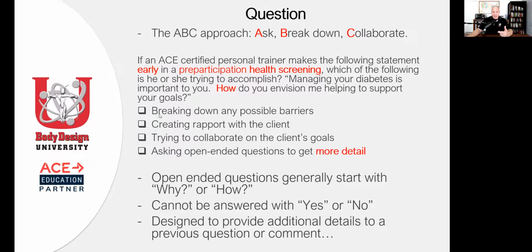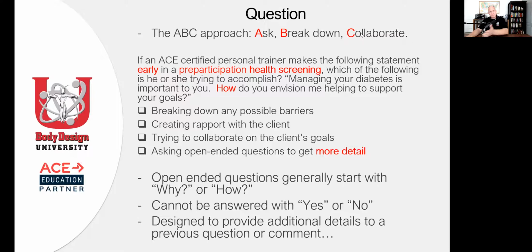This is the A, B, C approach. And developing rapport is absolutely important, but creating rapport begins way before, okay? Long before you're doing your pre-participation health screening. You've already gotten to the process. So technically, trying to collaborate on the client's goals is way down the line.